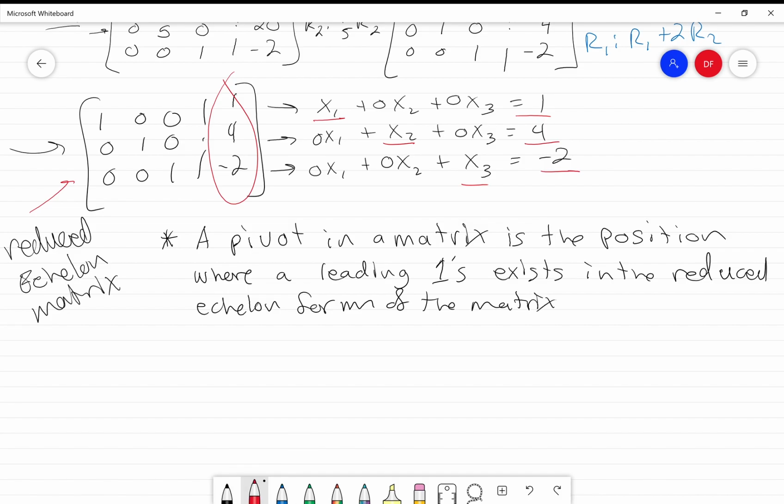So in this case, the pivots are where the ones are in the reduced echelon form matrix. Okay?